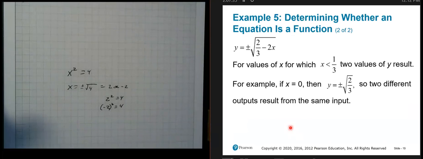They threw in 0, so 0 makes this plus or minus the square root of 2/3. So you have the positive square root of 2/3 and the negative square root of 2/3 as your answer. 2 answers from the same one x value, which does not happen for functions.